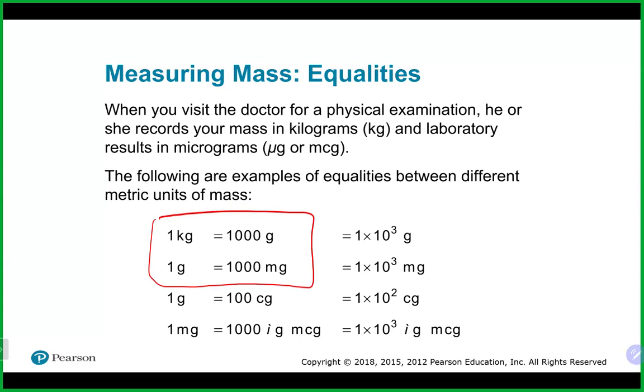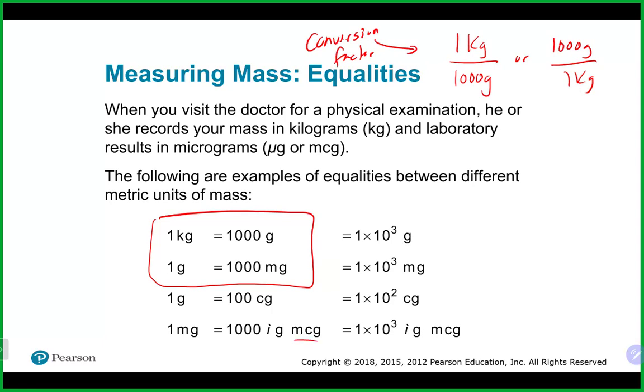So if you're going to do some type of dimensional analysis, you can write 2 conversion factors for each of those. 1 kilogram over 1,000 grams, or 1,000 grams over a kilogram, are 2 possible conversion factors that you could use in a problem if you were trying to go between grams and kilograms, or kilograms back to grams. And there's our microgram abbreviation, I think.